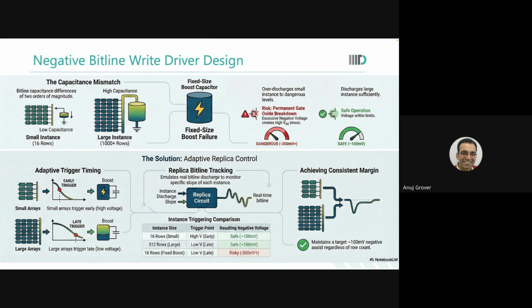So if it has to track the actual bit line or the actual tank, do you realize that it has to be created in almost the same manner as a real bit line? It will consume similar kind of area. It will consume similar kind of write driver or something, or double the area and double the write driver, whatever. But in some ratioed manner, it has to track the real bit line for that particular instance.